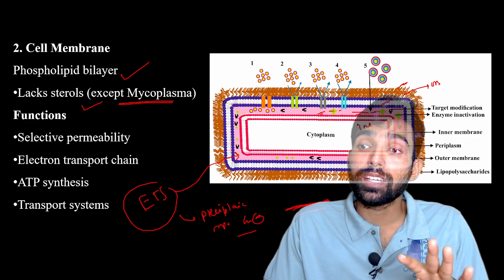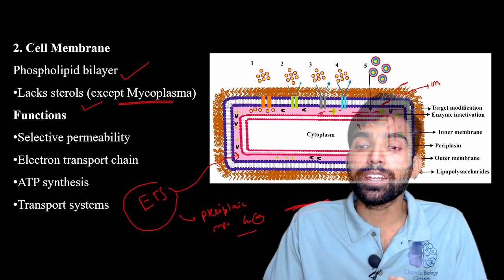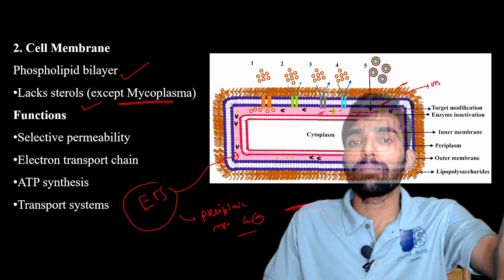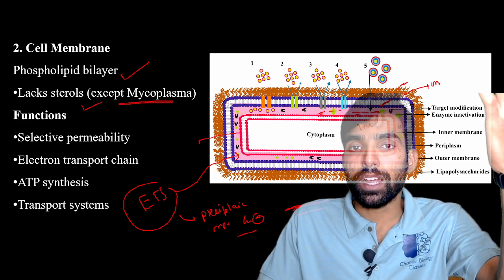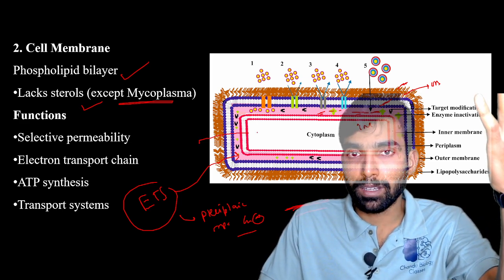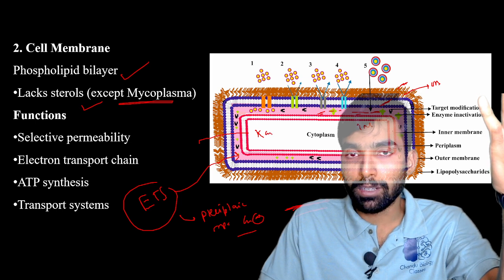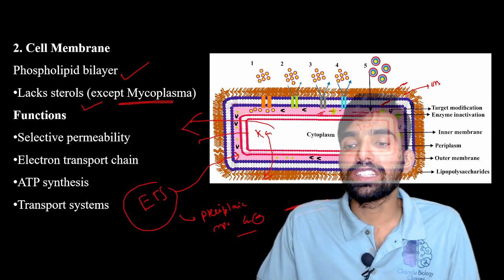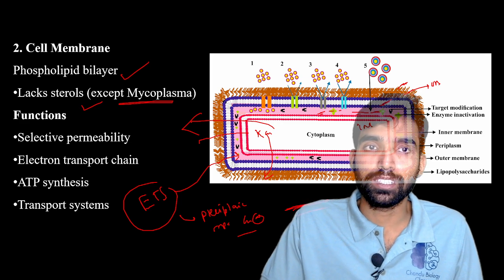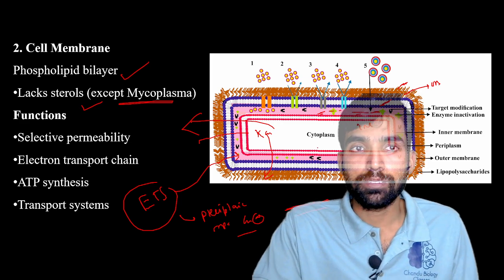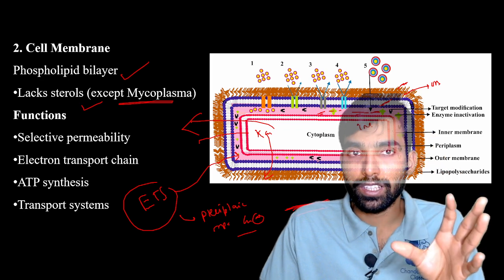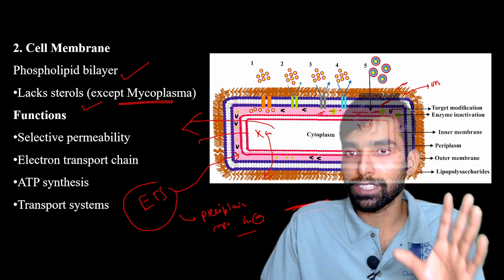Some bacteria have acquired antibiotic resistance because they have an antibiotic efflux pump. If they take in kanamycin, they can efflux it and become resistant to that antibiotic again. Remember, the prokaryote cell doesn't have sterol except mycoplasma. That's quite important.